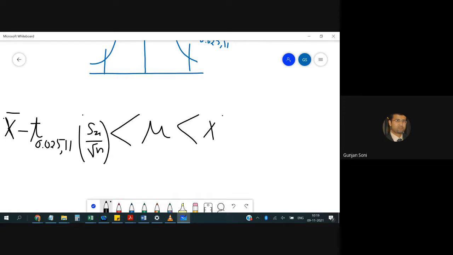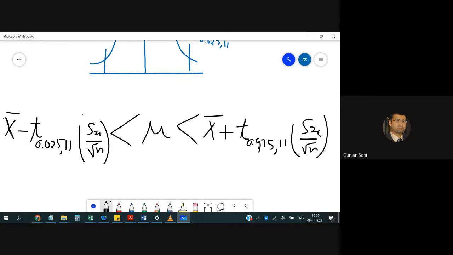Similarly, x bar plus t 0.975 comma 11 sx by root n. So what is this 0.025 and 0.975?